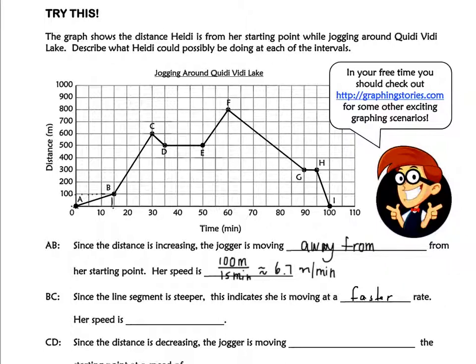So her speed at segment BC would be from a height at B of 100 meters up to C at 600 meters, so that would be a difference of 500 meters covered, over the time frame from B to C, from 15 minutes up to 30 minutes, so that would be a difference of 15 minutes, and 500 divided by 15 would be approximately 33.3 meters per minute.